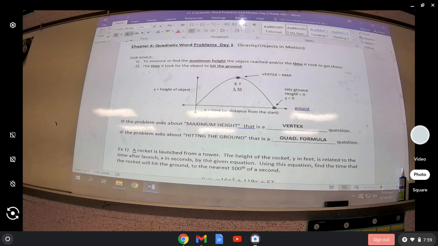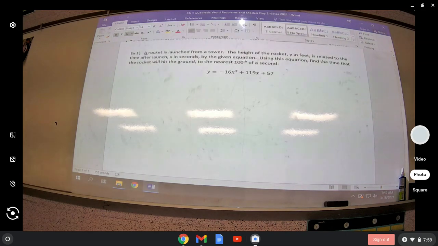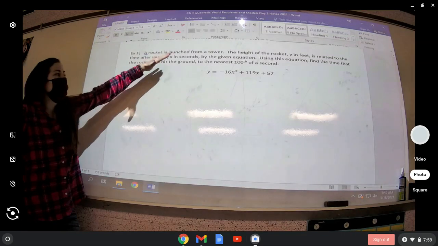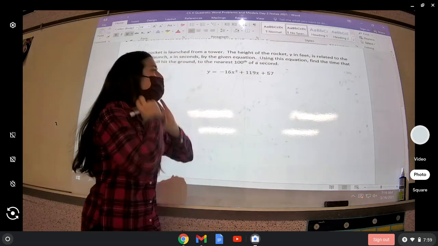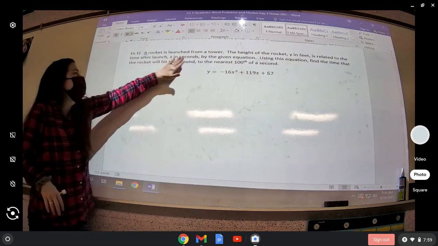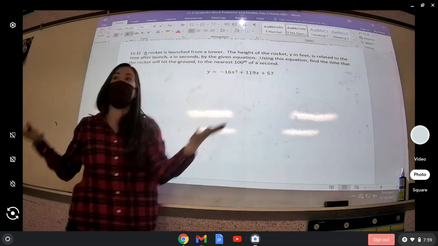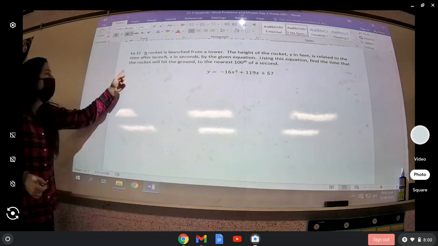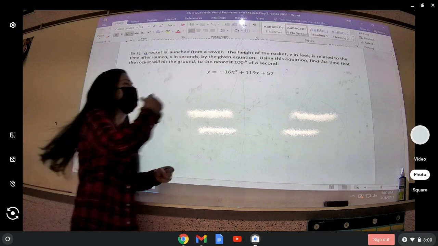All right, I'm gonna do one more with you, and then I'm gonna let you guys work on your own. So this one says, a rocket is launched from a tower. The height of the rocket, y, so y is height, is related to the time after launch, x, so time is x, by the given equation. So we've been given a quadratic equation. Using this equation, find the time that the rocket will hit the ground to the nearest 100th of a second.